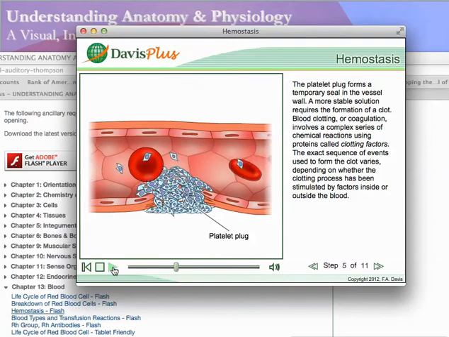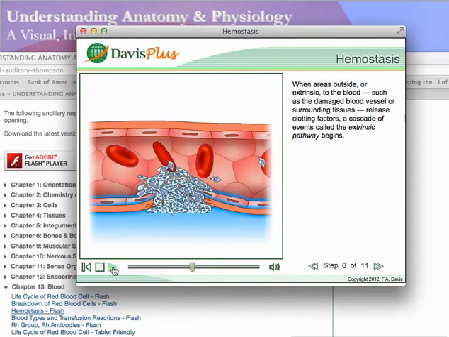Blood clotting, or coagulation, involves a complex series of chemical reactions using proteins called clotting factors. The exact sequence of events used to form a clot varies, depending on whether the clotting process has been stimulated by factors inside or outside the blood.